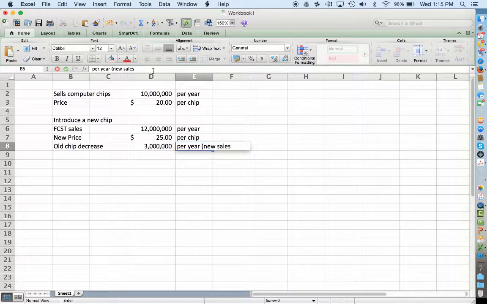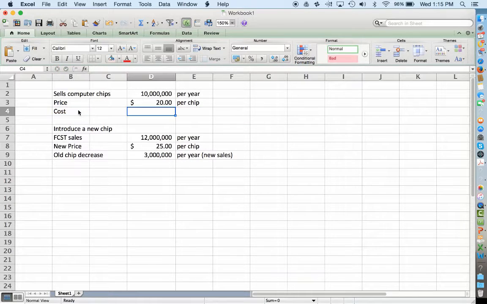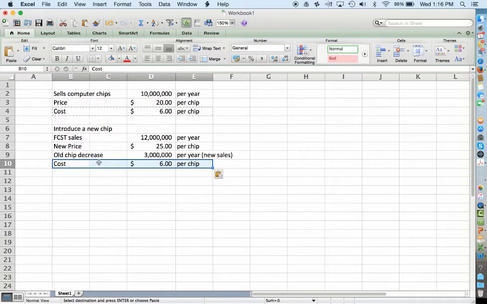So it goes from 10 million to 3 million. It's very typical when new products are released. That old chip has a cost to it of $6 a chip, and the cost of the new one is going to be $8 a chip.